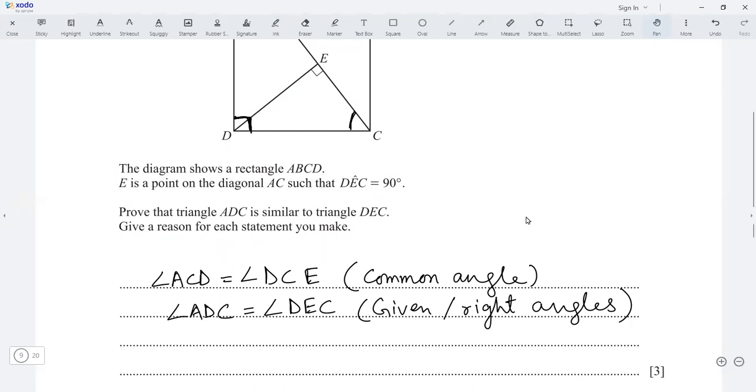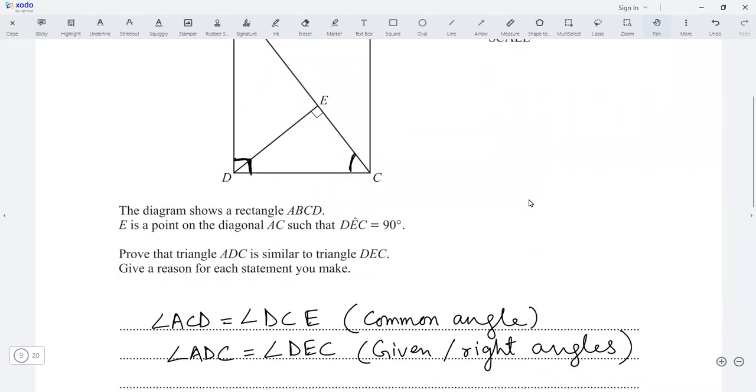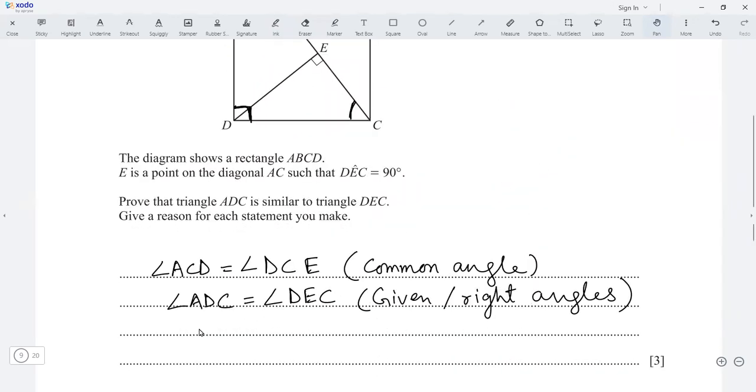That is angle DAC. Where is it lying? Angle DAC must be equal to angle EDC. What's the reason?